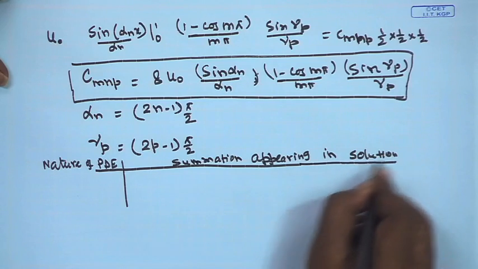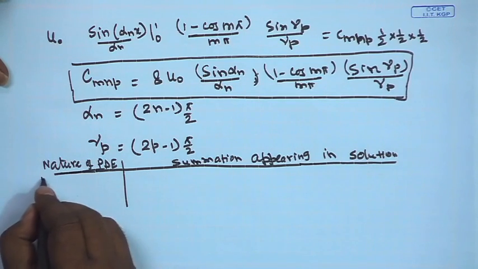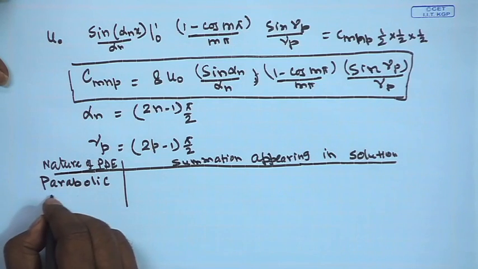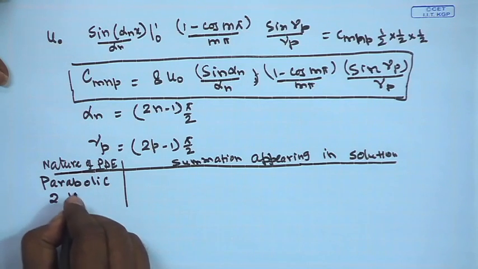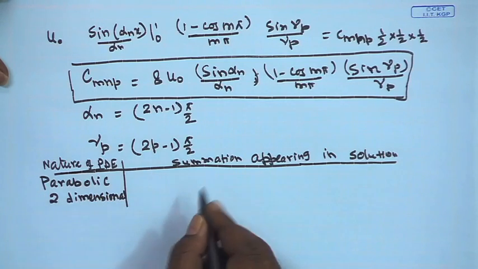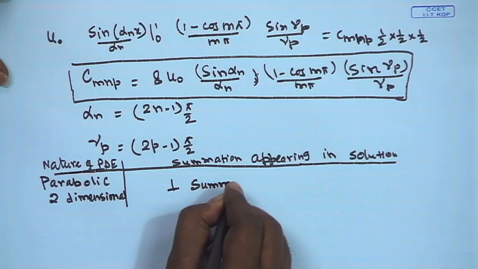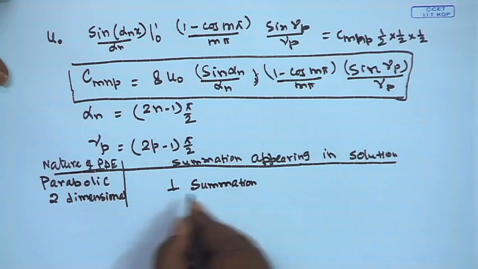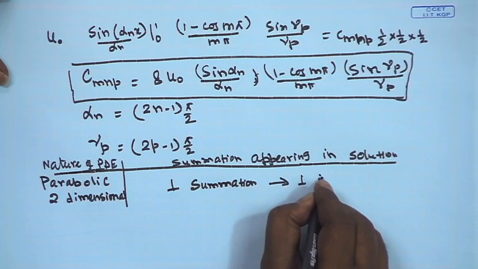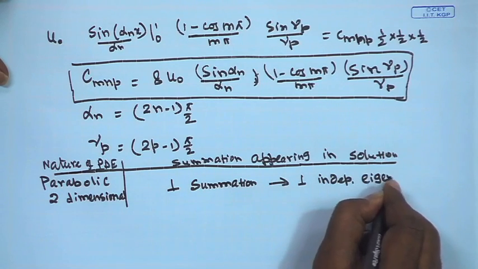It will be a very interesting observation: if it is a parabolic two-dimensional problem, then I will have one summation in my solution, because I have one independent eigenvalue problem in my system.